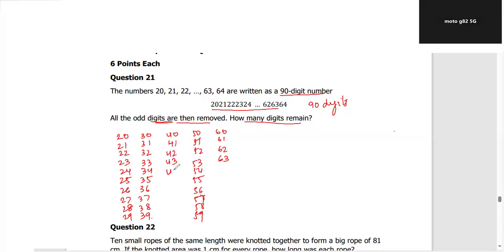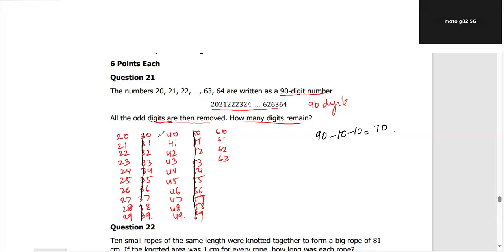I'm just writing for the understanding. Right, now out of 90 digits that there are, we can straight away eliminate these 1, 2, 3, 4, 5, 6, 7, 8, 9, 10. Okay, so out of 90, this 10 goes. Similarly, all these are odd digits, they go. Okay, so you have 70 digits remaining.